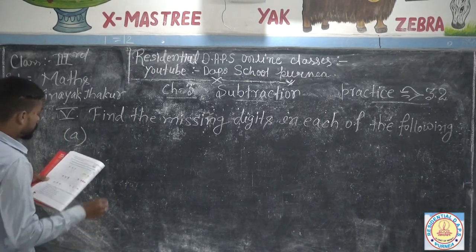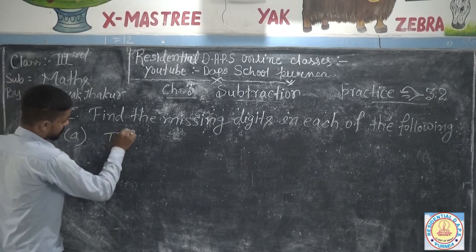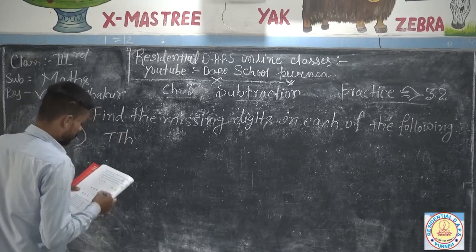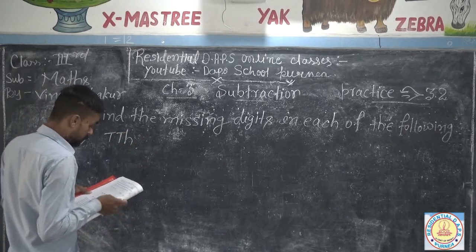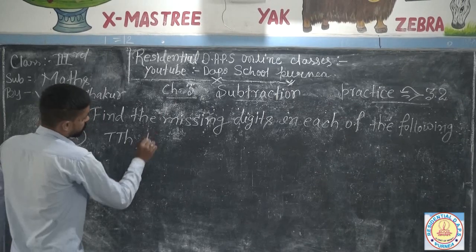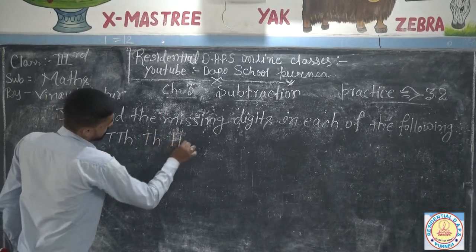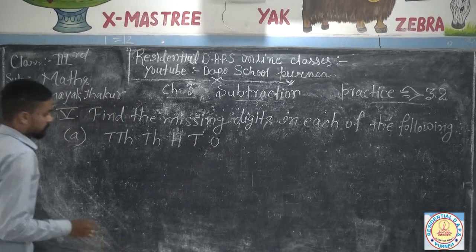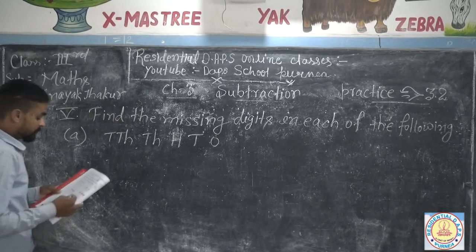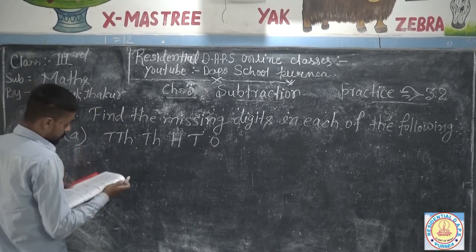In your first question, this is 10,000, thousand, hundred, tens and ones. These are the different rows and columns.